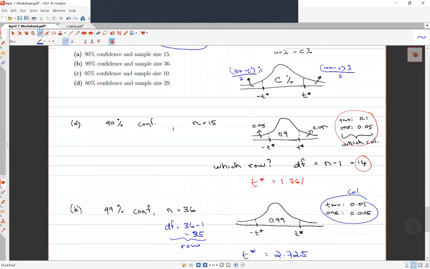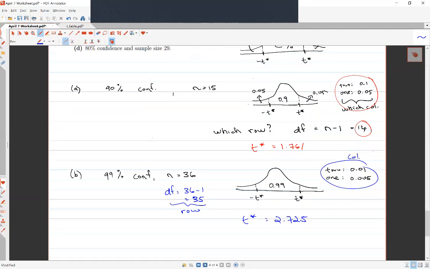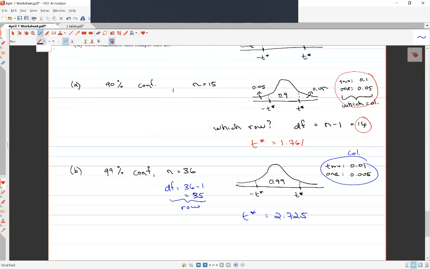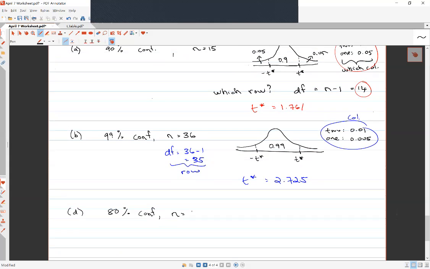And I think I'm just going to do one more of these. I'm going to jump to number D, which says we have 80% confidence and our sample size is 29. So every time you can go through the same steps. Visualize your bell curve.